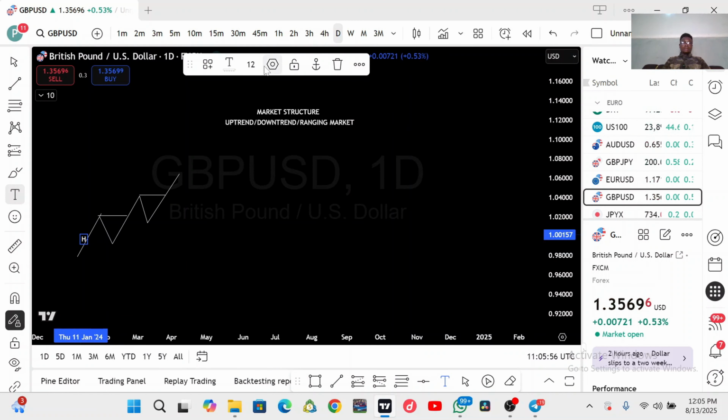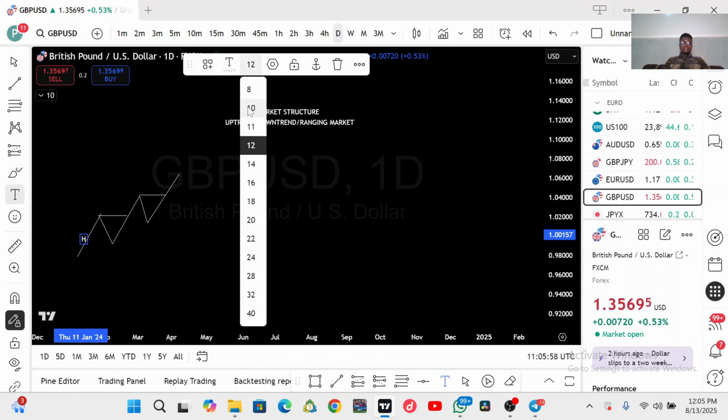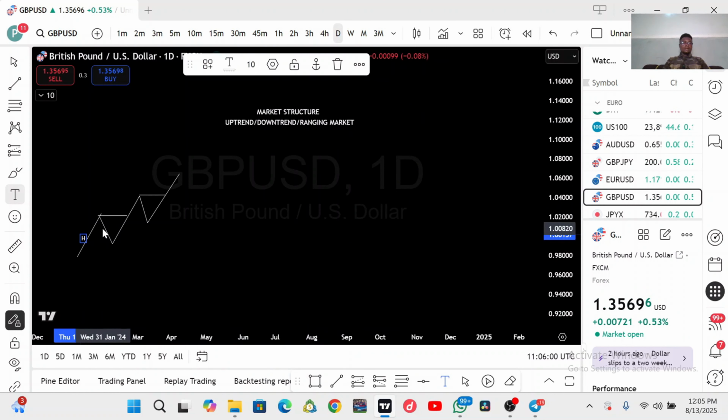Let me make it 10, I think 10 is okay. Then we have this as our low. Then we have this as our higher high, HH. Then we have this as our higher low. Then we have this as our higher high. Again, as simple as that. Then this is our BOS, and our BOS.